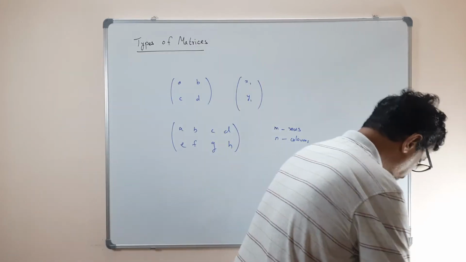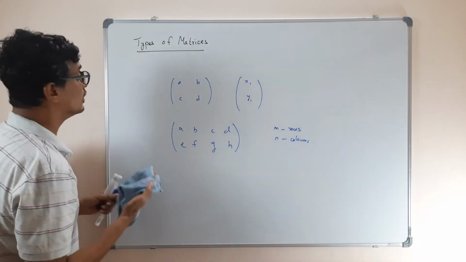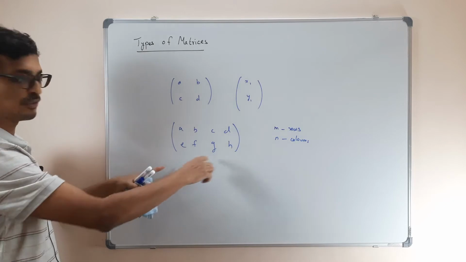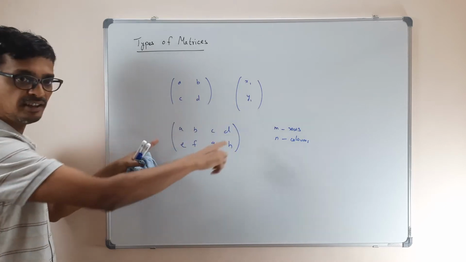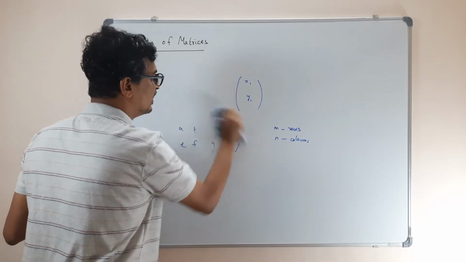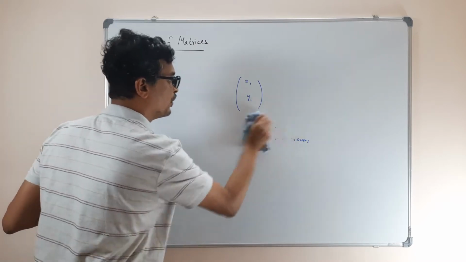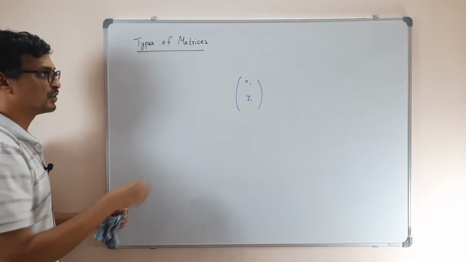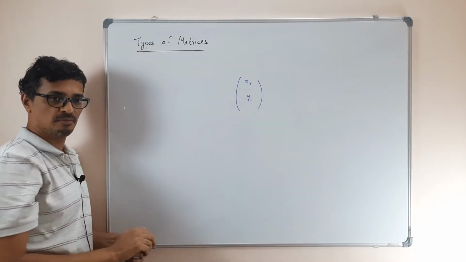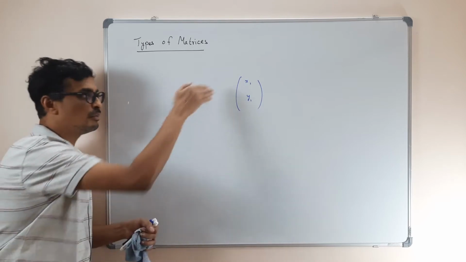Then there are types of matrices. You can see here itself, they are all different types. Am I right? So then you can define the types of matrices. The first simpler type is this one. Here you see there is only one column, but there are many rows.